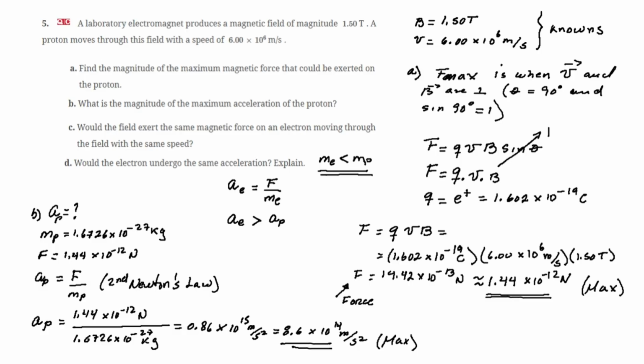Right? So the forces acting on the electron and proton in the magnetic field have opposite directions, then the accelerations are going to be in the directions of the force. So the acceleration will also have opposite directions.